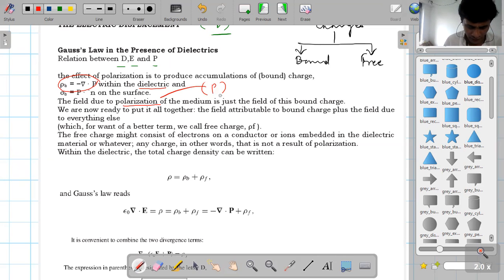Okay, and therefore here see, the total field is due to the bound charge plus the field due to the free charge. Okay, therefore here I will divide. I will use scale.